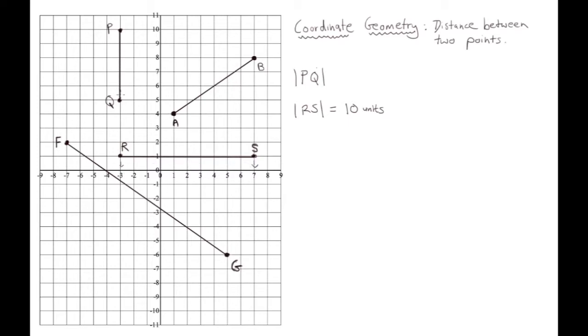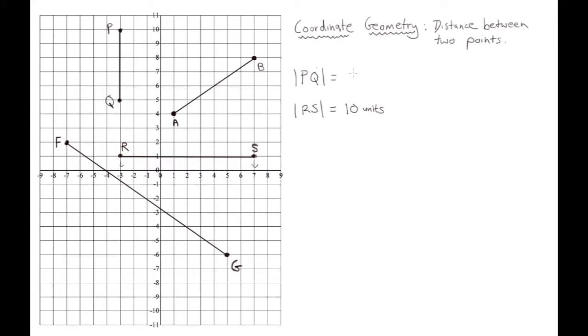If you're looking at a vertical line, a line that's straight up, we need to use the y-axis, because obviously Q is at -3 and P is at -3, so that's not going to help us find the distance between P and Q. But we can look at the y-axis. So Q is at 5 and P is at 10. So what's the difference between 5 and 10? It's 5.